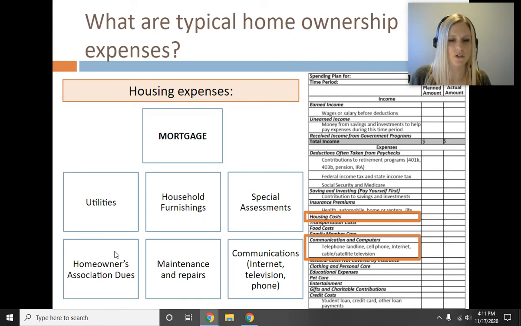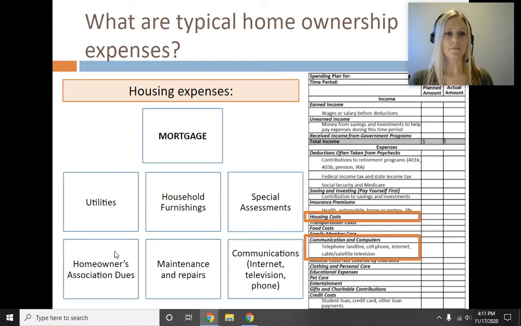Homeowners association dues. So this only applies if you live in certain types of communities, a gated community, a community that has special amenities like maybe a golf course or a swimming pool or something like that, where there's a little bit more going on than most of the places in Salem.